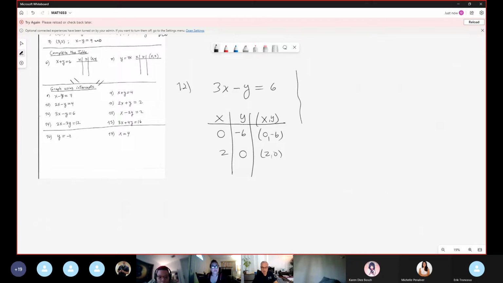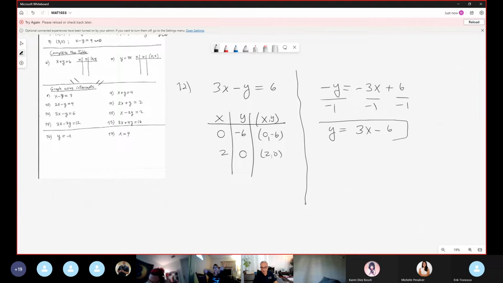Well, another way is you solve for y. So we have minus y, and you move 3x to the right-hand side: minus y equals minus 3x plus 6, and you divide by -1. The y alone, positive, is equal to 3x minus 6, because negative divided by negative is positive.